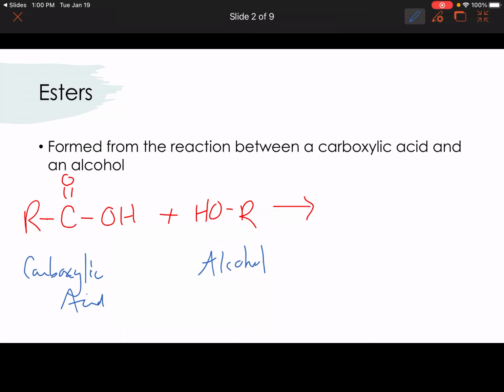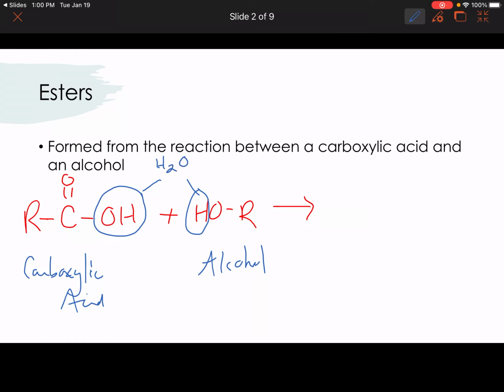So when they combine, you're going to take the OH from here and the H from here. So the OH comes from the carboxylic acid, the single hydrogen comes from the alcohol, and when you put OH and H together, hopefully you'll figure out that you get water.